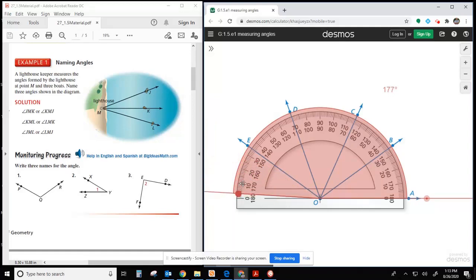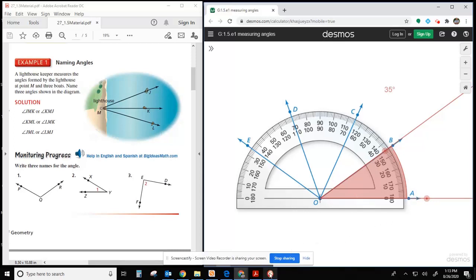If I want to name one, well, let's see, I like this one back at the beginning here. I see 35 degrees, and the way to name this is to read off 3 points. The O will be in the middle. Okay. I can say either angle AOB or angle BOA. I can say both.